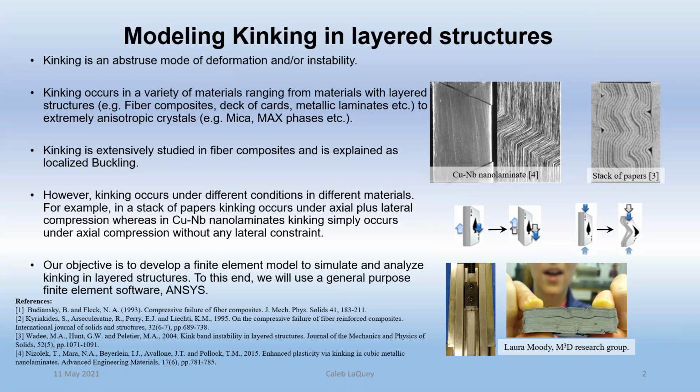Kink is extensively studied in fiber composites and is explained as localized buckling in fiber composites, where each individual fiber can buckle, but they all buckle together. However, kinking can occur under different conditions in different materials. For instance, in a stack of paper, kinking occurs under axial plus lateral compression, whereas in copper niobium nanolaminates, kinking simply occurs under the axial compression without any need for lateral constraint.